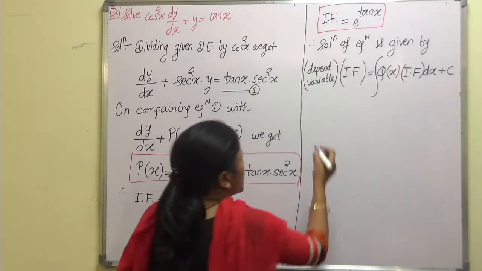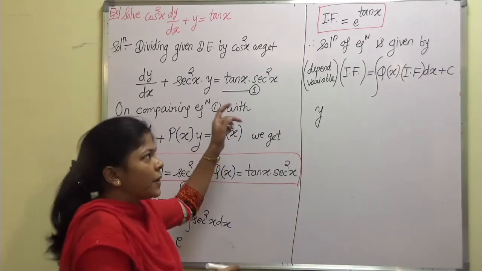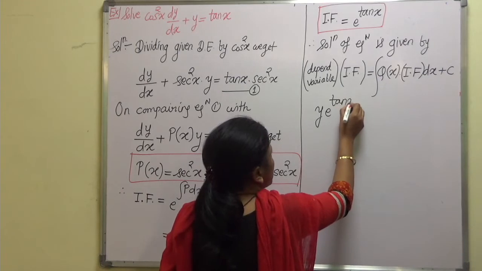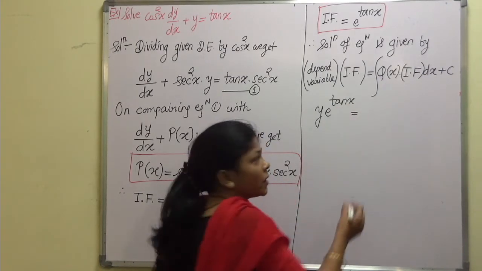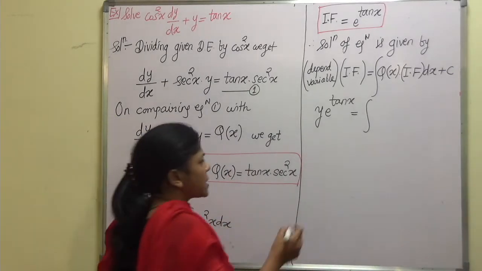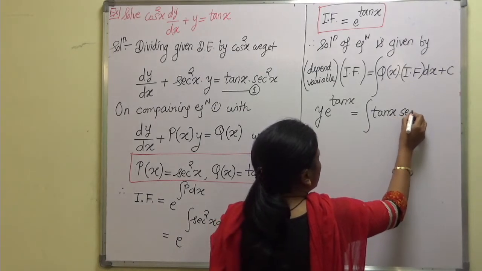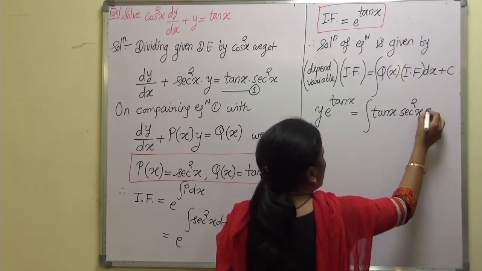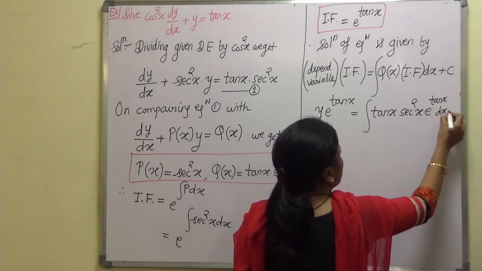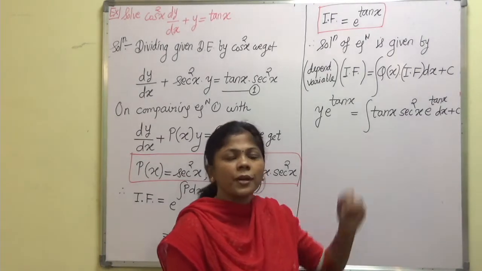What is the dependent variable here? It is y. The integrating factor is e raised to tan x, equal to integration of q, which is tan x into sec square x, and then the integrating factor e power tan x, plus c.